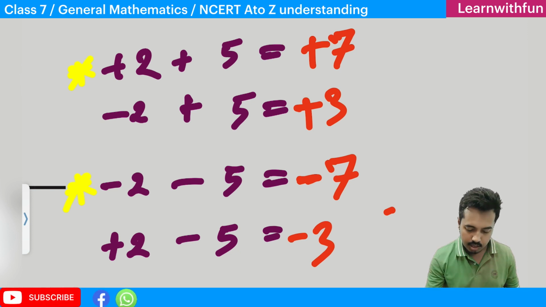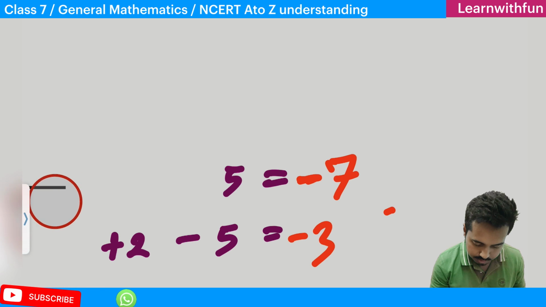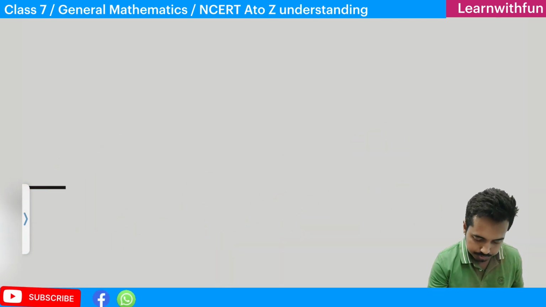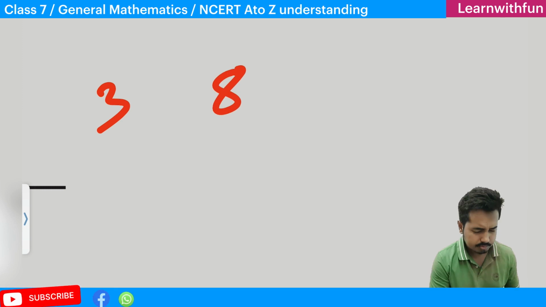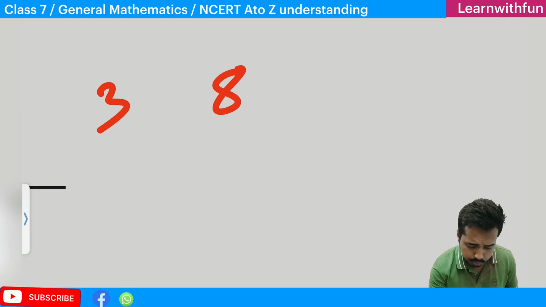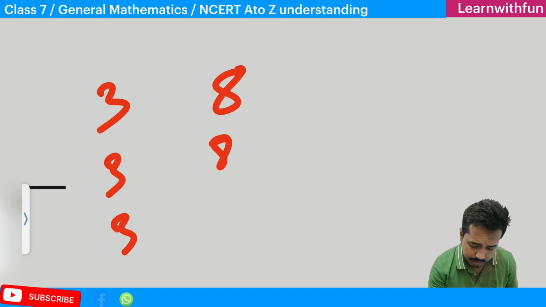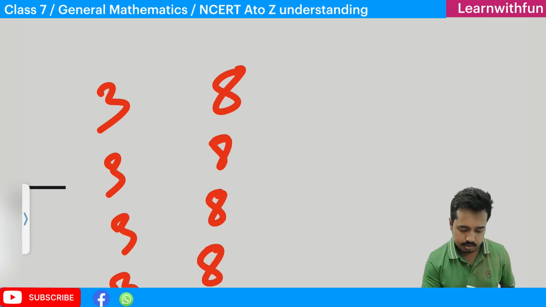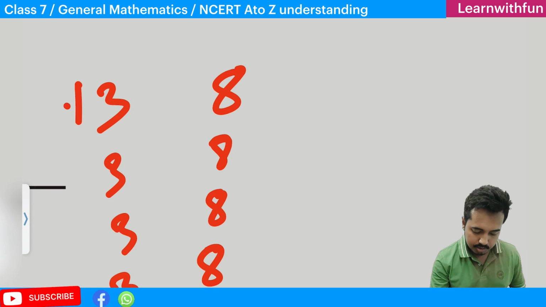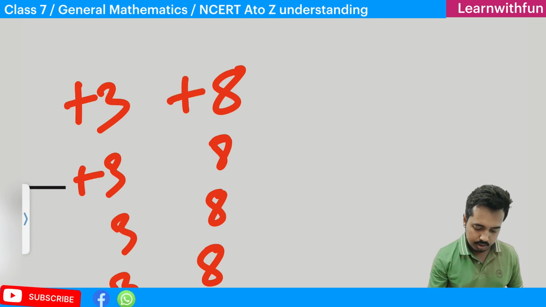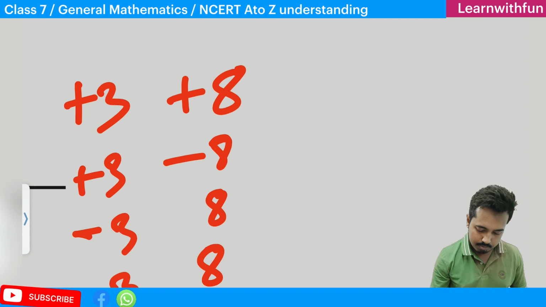Now we will take other cases, like suppose you take 3 and 8. There will be four cases: 3 and 8, with different signs. So plus 3 plus 8, plus 3 minus 8, minus 3 minus 8, then minus 3 plus 8.